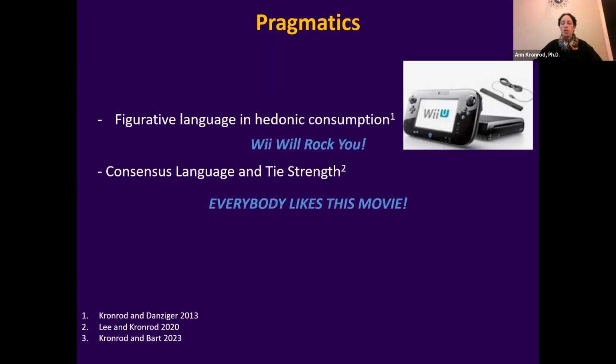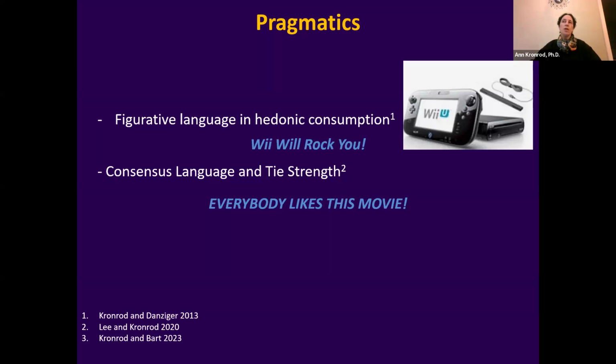In another research, we investigated what happens when people use what we term consensus language. Consensus language is when you say, oh, everybody has already seen this movie, or when you say, everyone is going to this party you want to go to. When you say everyone, what do you actually mean, right? And we're saying an interesting thing is happening here.